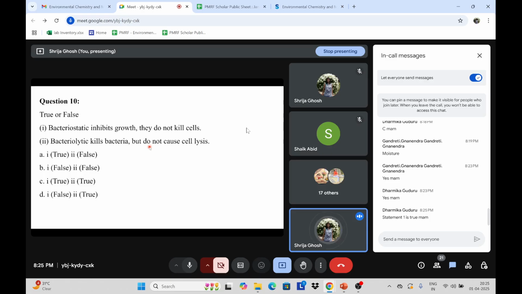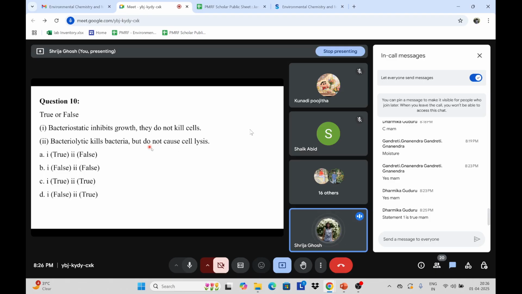What about statement 2? From the name itself, what do you think? Bacteriostatic. From the name, what do you think it is?